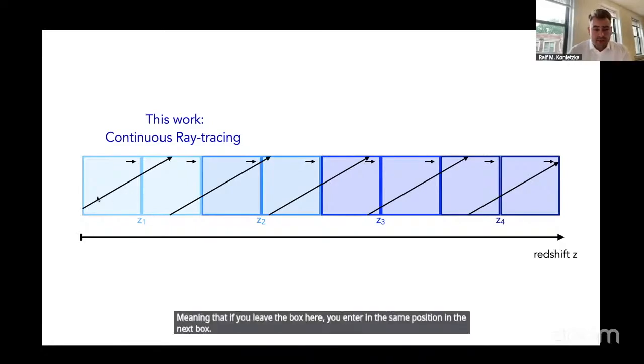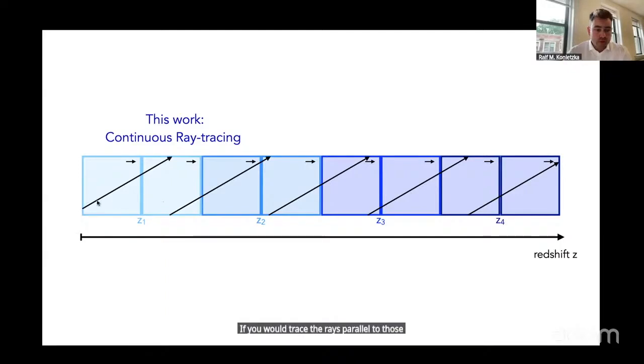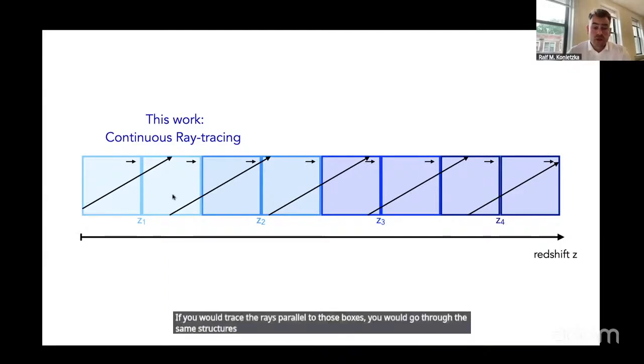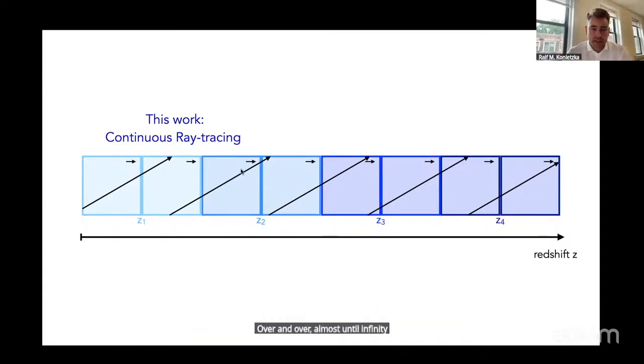If you traced the rays parallel to those boxes, you would go through the same structures over and over again. To avoid this, we use tilted rays that then go on almost until infinity without crossing the same structures twice. This algorithm is especially great because there are no gaps between the snapshots.